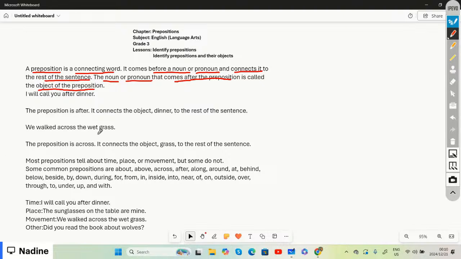If we look at an example, we will be able to identify the preposition. It says, I will call you after dinner.